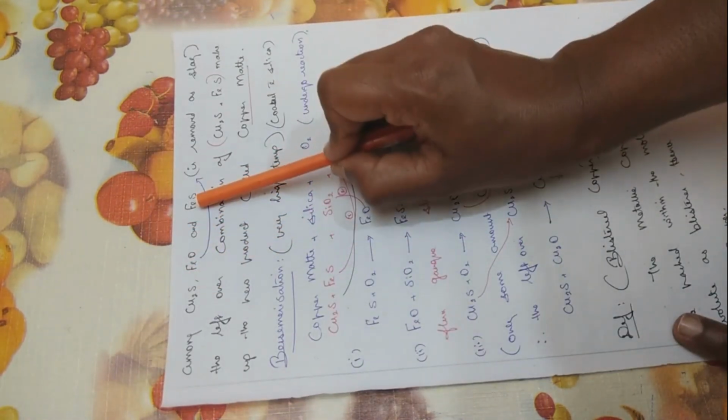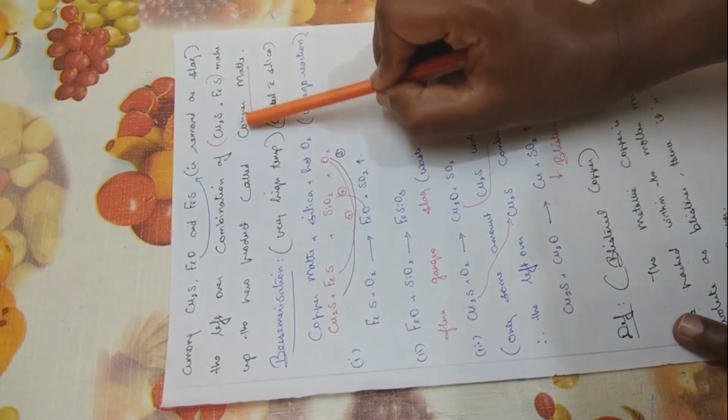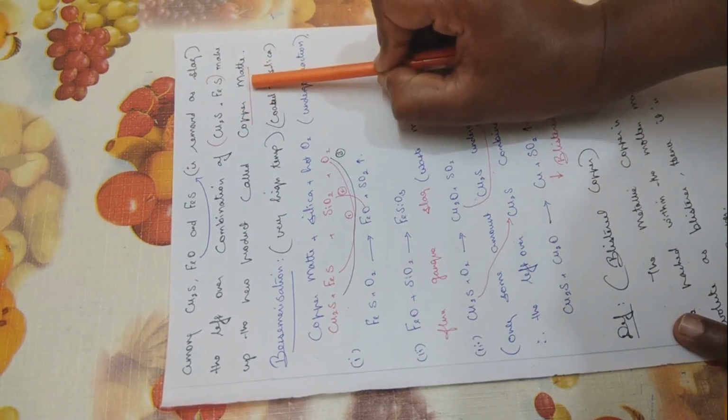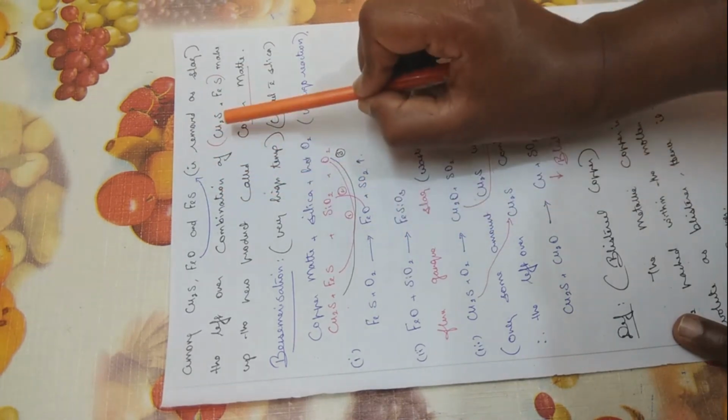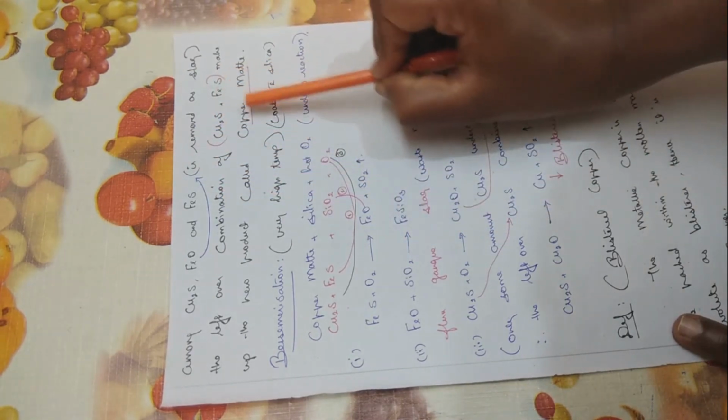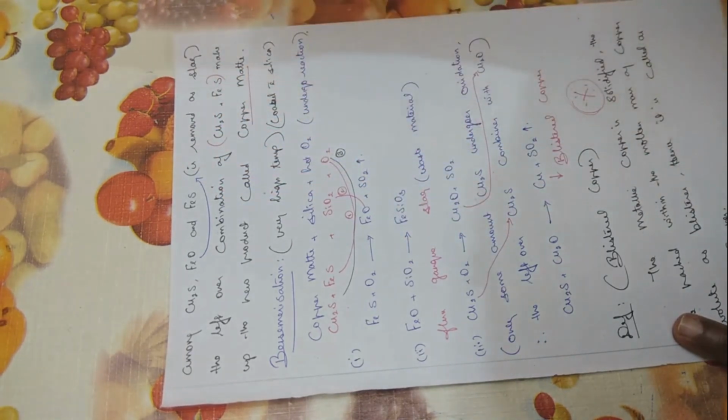These two combined together are called copper matte. So if the question is asked, define copper matte: the combination of copper sulfide and ferrous sulfide is called copper matte. So we did the roasting. Second we moved on to smelting. In smelting a certain amount of impurities were removed in the form of slag.